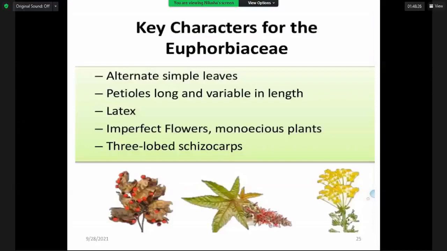In the observation, you can write just the plant names.